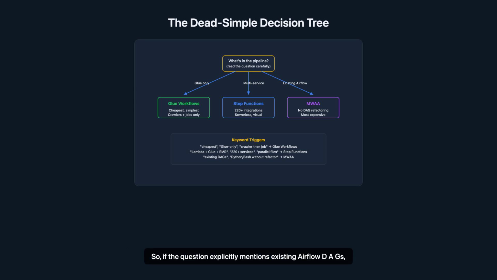So if the question explicitly mentions existing Airflow DAGs or Python and Bash scripts that the team doesn't want to refactor, pick MWAA. Notice that third branch, MWAA, is the most expensive option, so only pick it when the keywords force your hand.